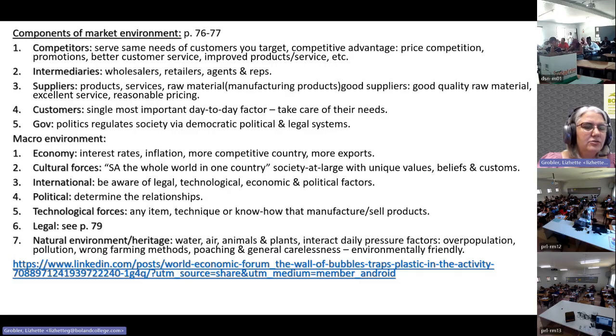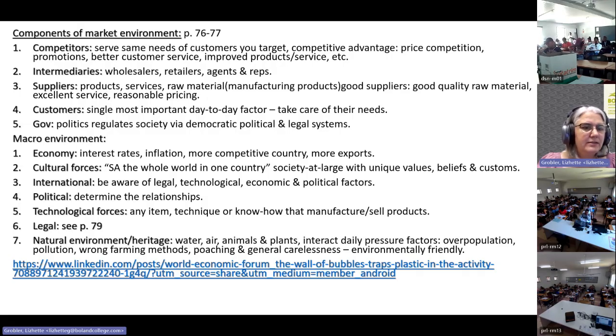Next one, the cultural forces, where we in South Africa have a whole world in one, and that is where we have a different, unique set of values, also beliefs and customs that are all together. International, where we are then aware of legal, technological, economic and also political factors.